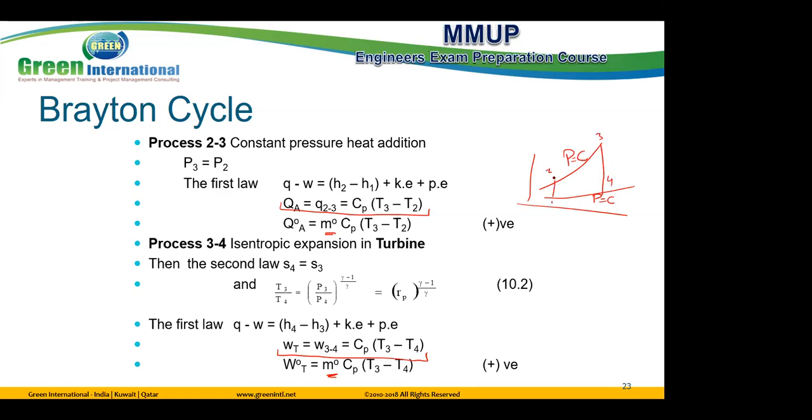P2 is equal to P3, and P1 is equal to P4. It means this one is equal to P2 and this one is equal to P1. So P2 over P1 is the same Rp, and we can use Rp again for this equation.